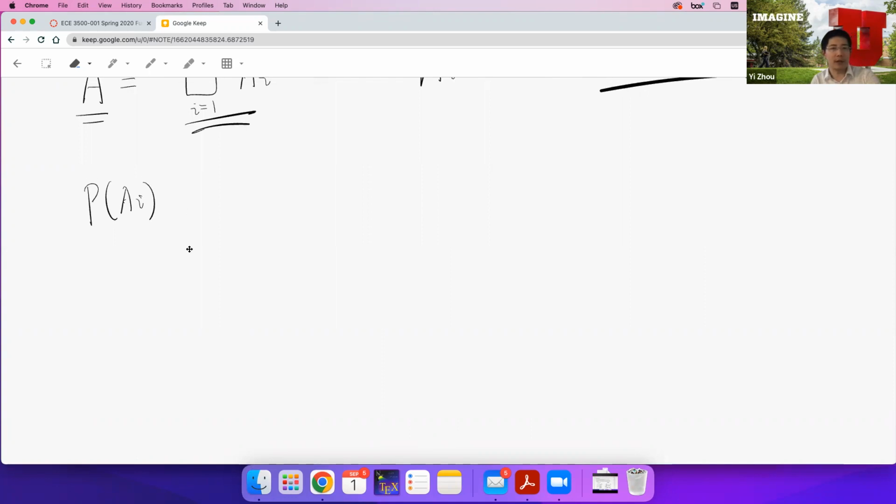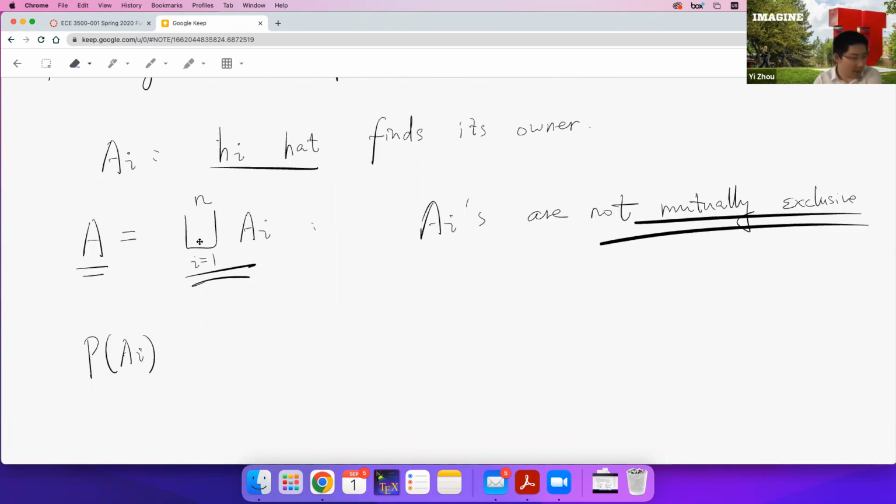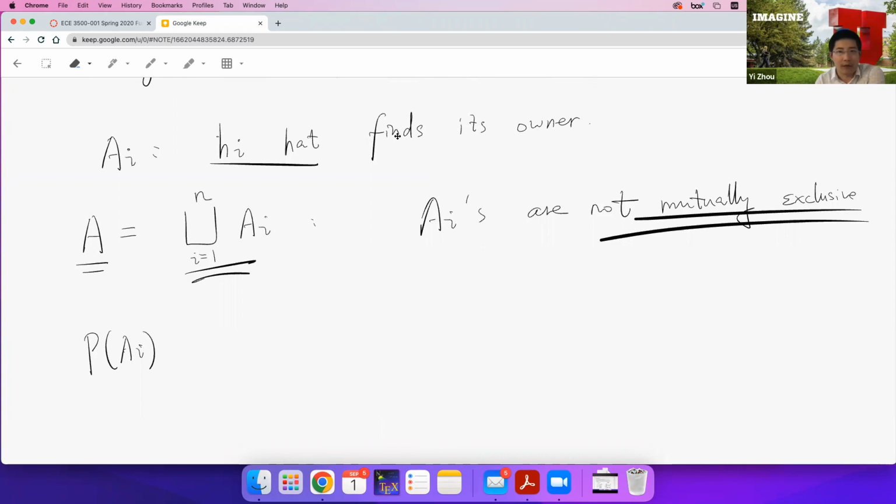So P(A_i) is the probability that the i-th hat finds its owner. This event means that the i-th hat finds its owner, and we don't really care about all the other people.